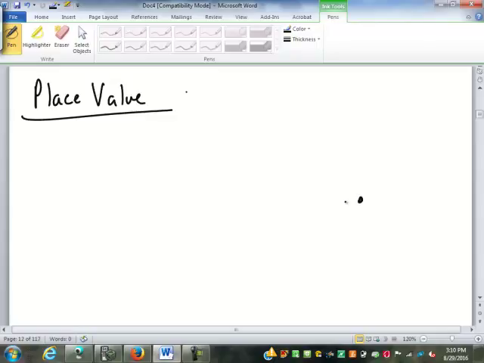I'm going to try to go through this quickly so I don't insult you guys, because I know you've seen this before. But we're going to start at the end of a number and work our way backwards. So starting here at the end, what's this last place value? Hold yourselves back. What is it? It's the ones, right? Then what's next?